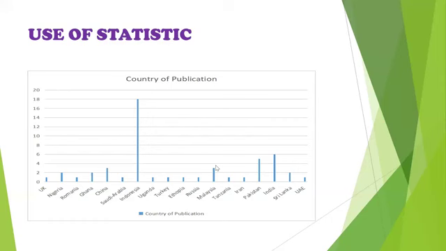Indonesia, India, Pakistan, at least there's Malaysia too. But for countries like Nigeria, Turkey, Uganda, Ethiopia, there is need for more research in that area. So with this, you have already established a gap for upcoming research.